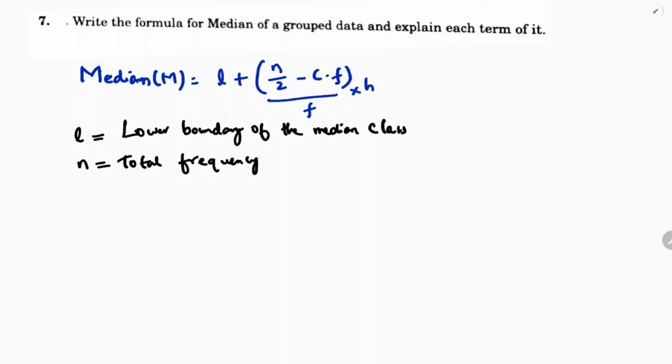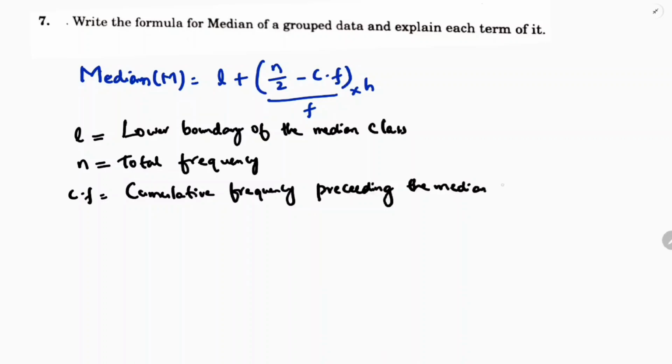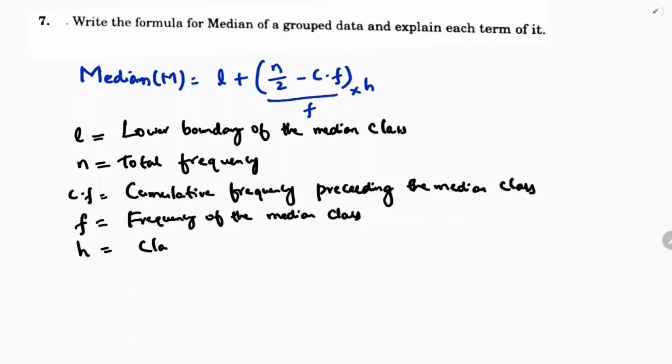CF is cumulative frequency preceding the median class. F is frequency of the median class. And H is class interval, length of the class or class size.